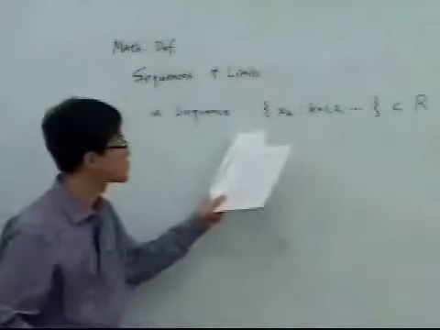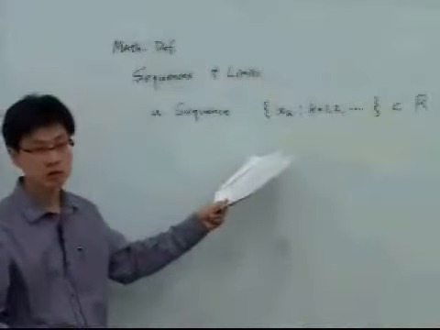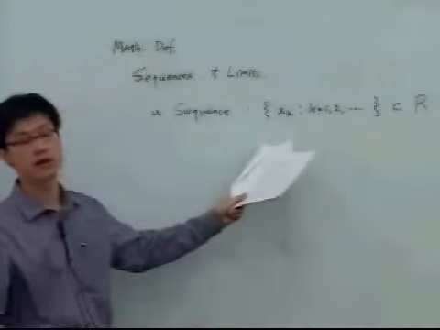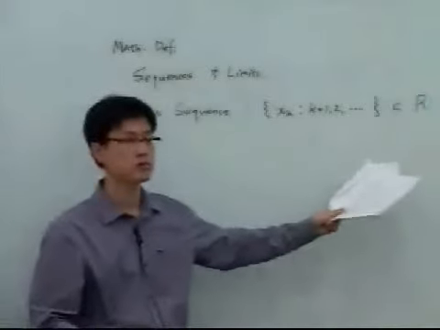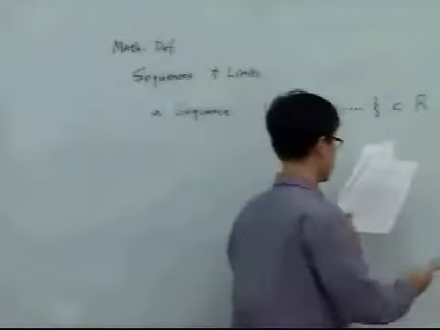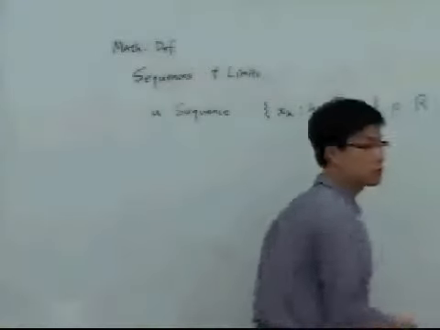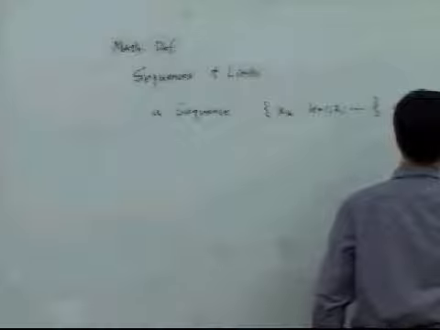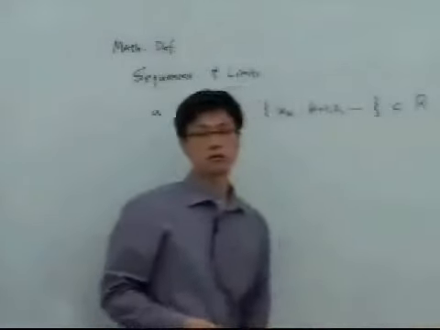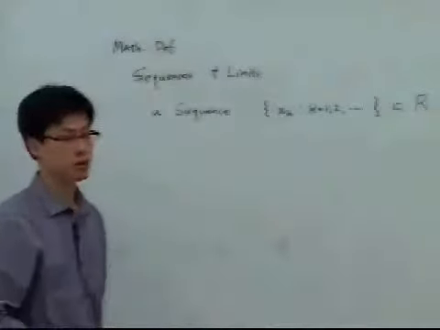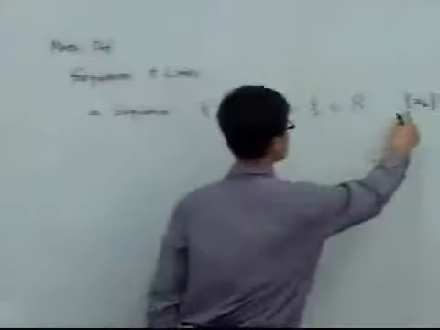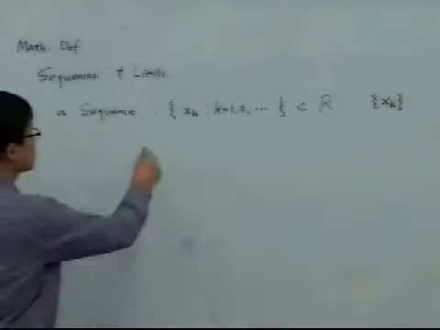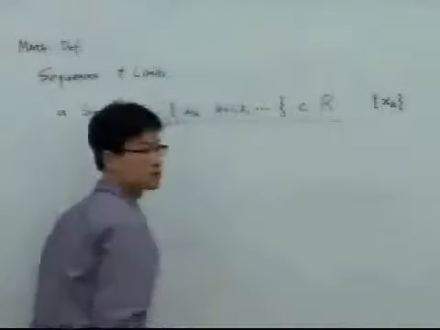But for example, the simplest possible sequence is x_k, which belongs to a real number, and this can be rewritten as {x_k} for short. But when you see this, it's a set and it's a sequence, and the full notation is like that.